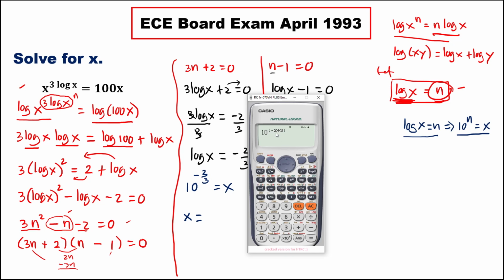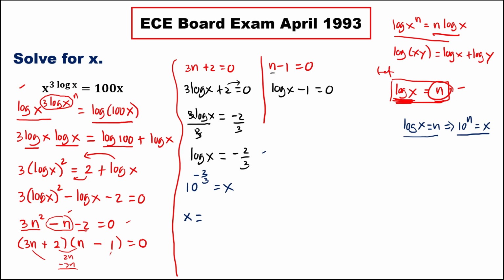So that's -2 divided by 3. This is equal to 0.215. So x is equal to 0.215. This is the first value for x.